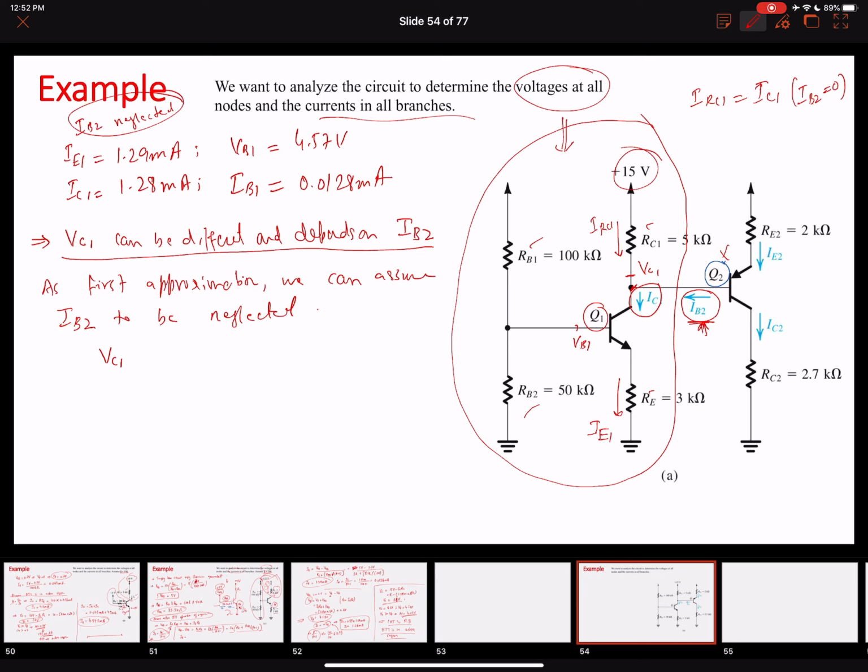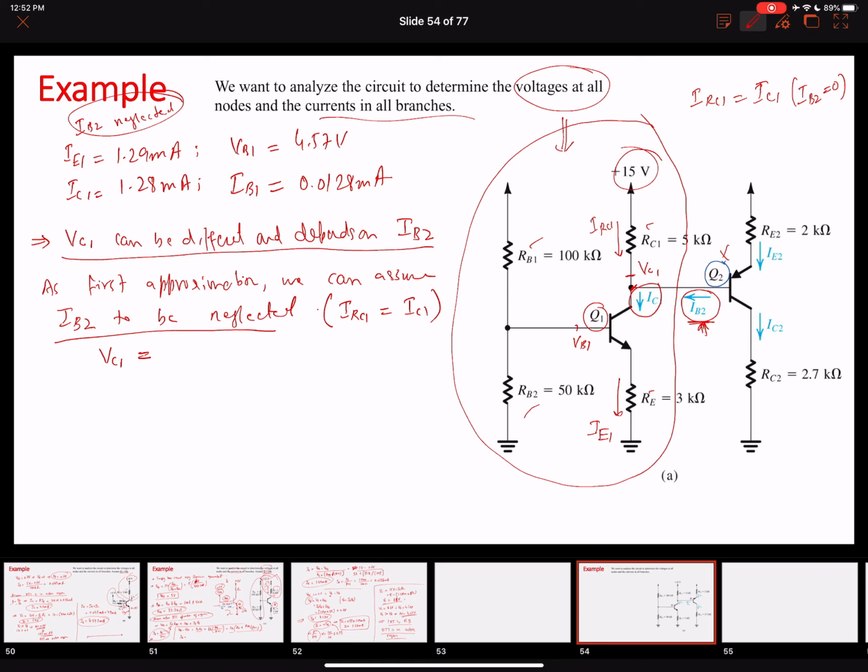Neglecting IB2 means our IRC1 equals IC1. Otherwise, they will not be equal, because we would have a different IRC1 flowing, and some small value of IB2 flowing as well.